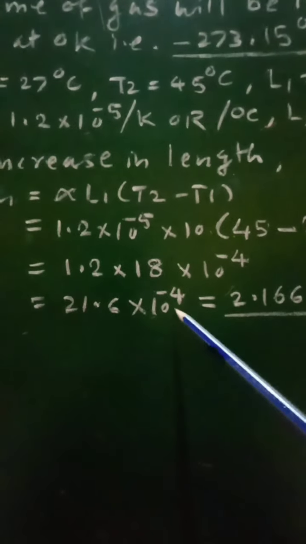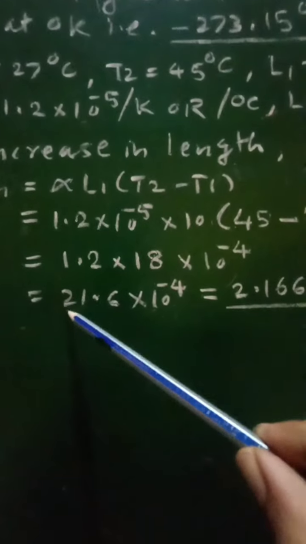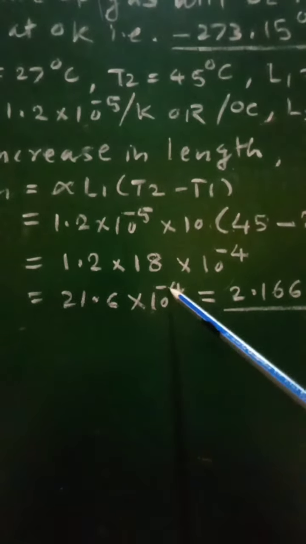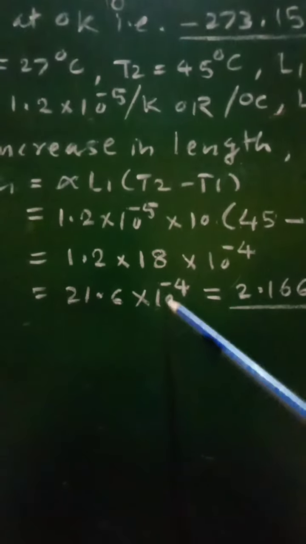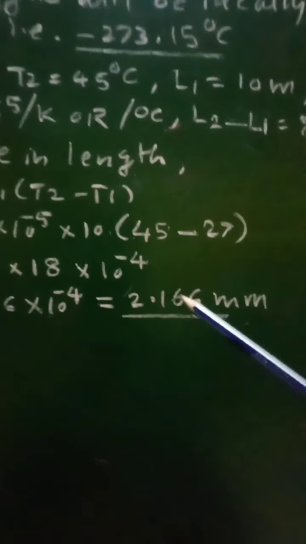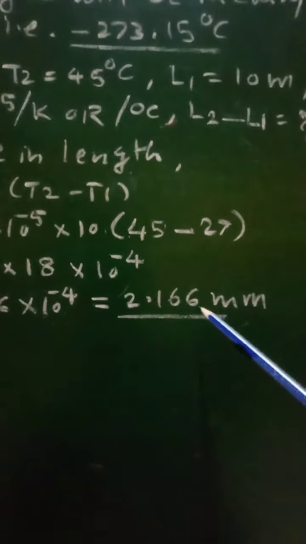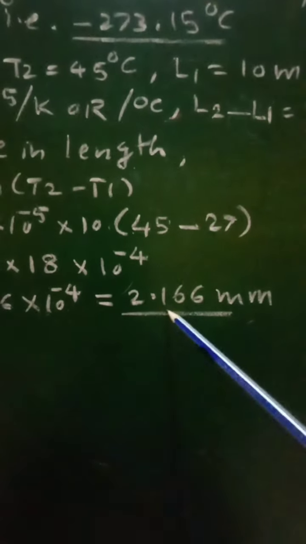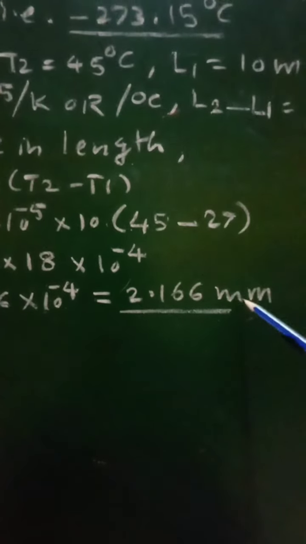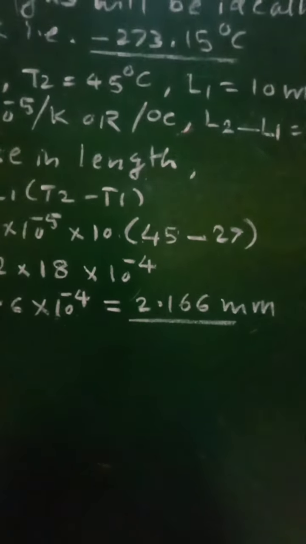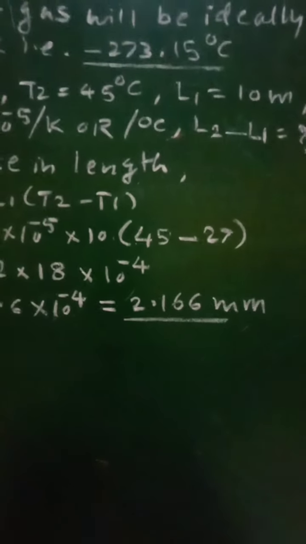So it will be 2.16 into 10 raised to minus 3 meter, which will be equal to 2.16 millimeter. So this will be the required increase in length, L2 minus L1.